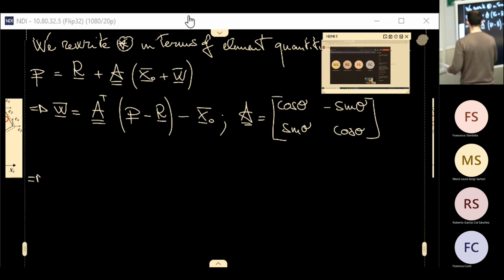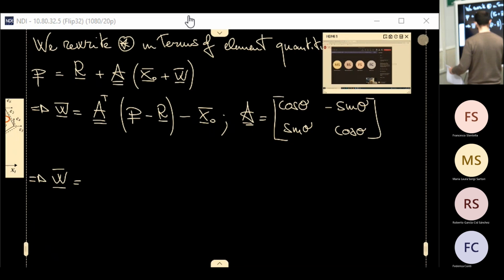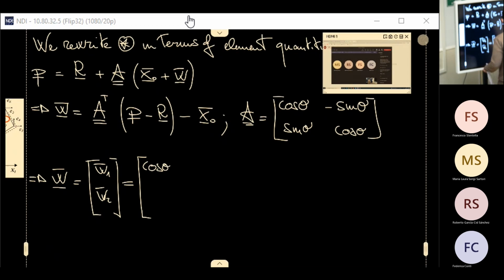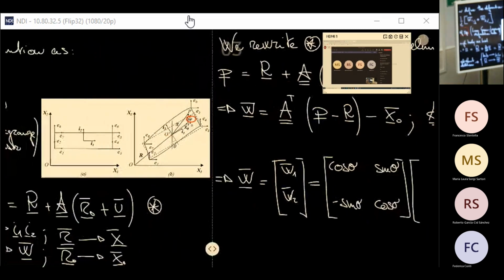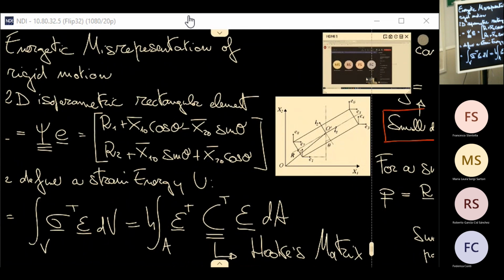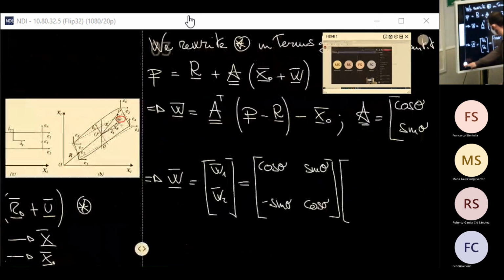So let's build up this W. This one here becomes A transposed operating on P minus R. So again, if we get back here, it's basically this one minus the first part, no? So let's write it.